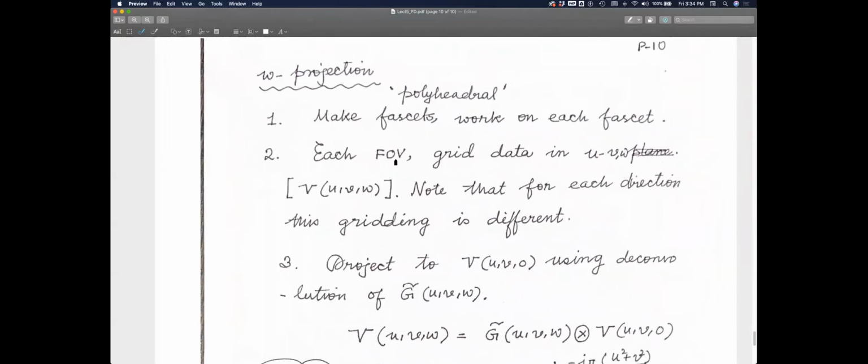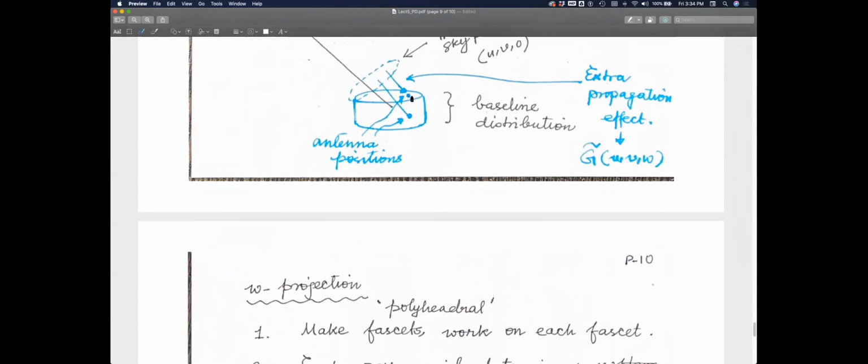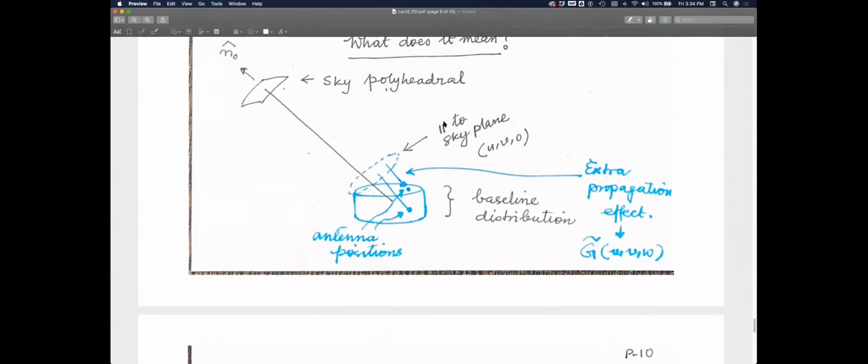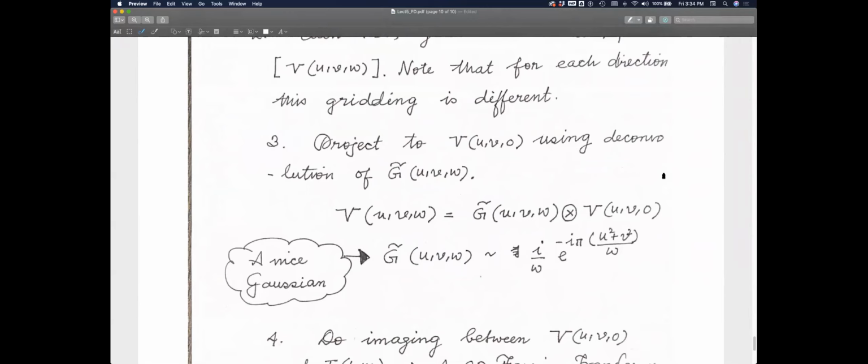So what is done is the following. You make facets or polyhedral images, so you work on different facets. For each field of view, you first grid the data in u, v, w. So you grid the data inside that box and then project it into that plane. And that projection is done using this expression, given this function and G tilde. So it's essentially a deconvolution problem.